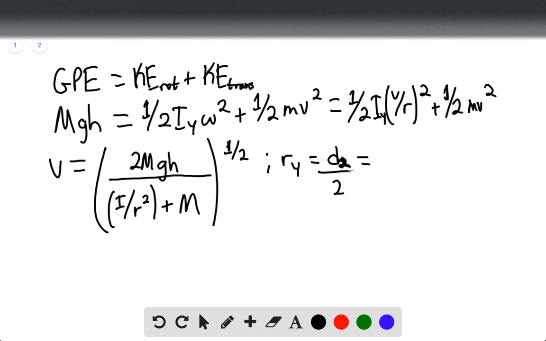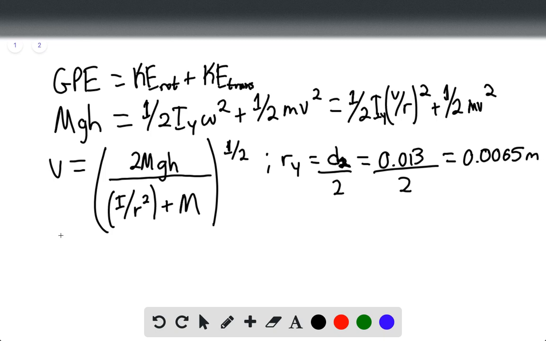The cylindrical hub is basically the length of the yo-yo, and the radius of the yo-yo will actually be 0.013 divided by 2, so half that distance of the cylindrical hub. And this is going to be 0.0065 meters.